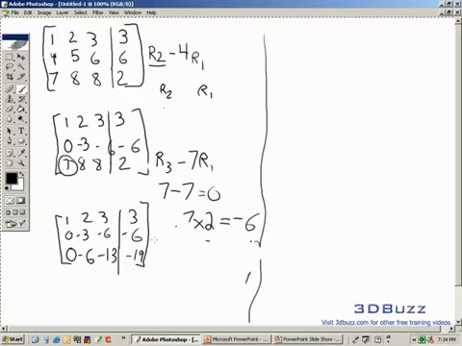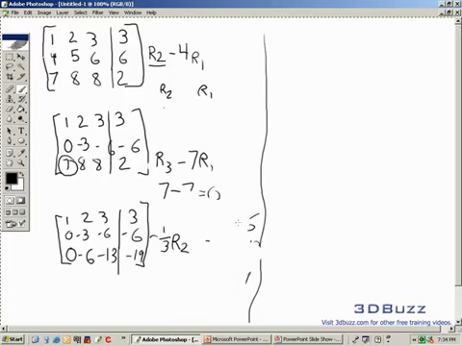I'll go negative 1/3 row 2, because I'm multiplying all of them by the same value. The goal in doing this is that I want this term to be a 1. Which will turn the second one into 2, and this will also become 2. So, doing that, we get this.